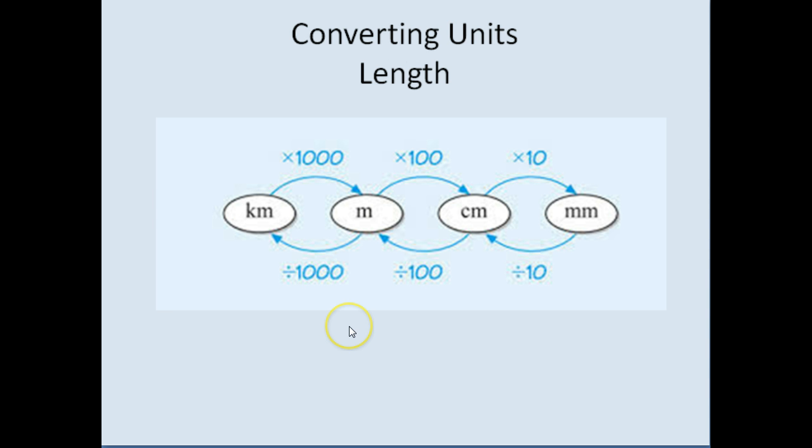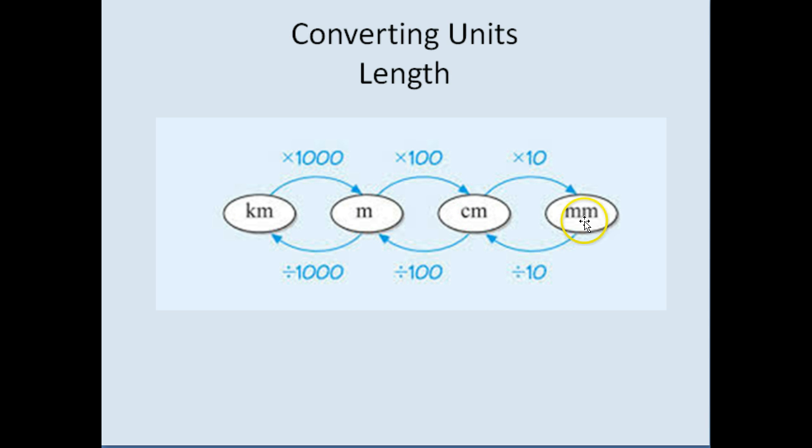So let's look at converting length. I like these diagrams here. I think it's an easy way of picturing each of the different measurements in my head, and it's an easy way to work when I'm trying to convert units. So if I wanted to go from kilometers to meters, I need to times by 1000. If I wanted to go from kilometers to centimeters, I need to first times by 1000 and then by 100.